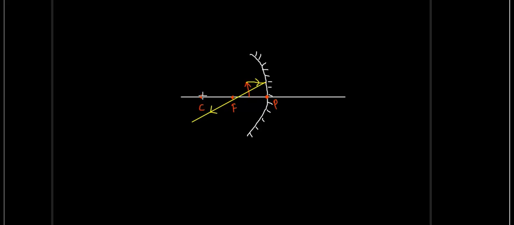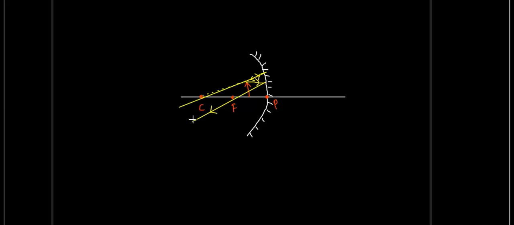So let us take that one passing through the center of curvature like this. The one that is passing through the center of curvature will return back using the same path, right? So if it is going to return back using the same path, it's going to go like this.